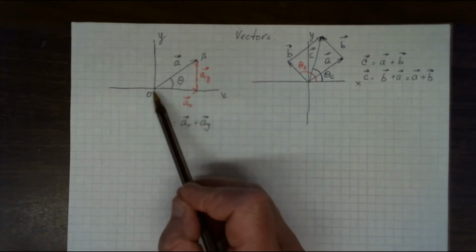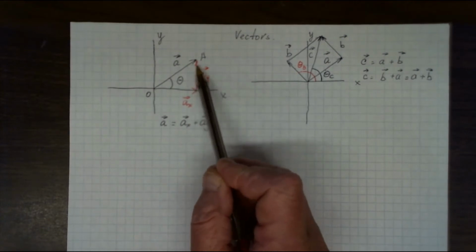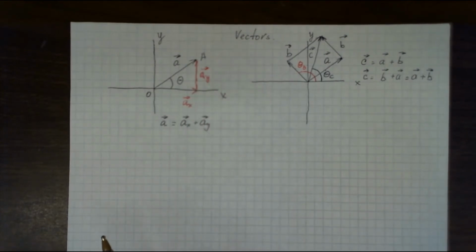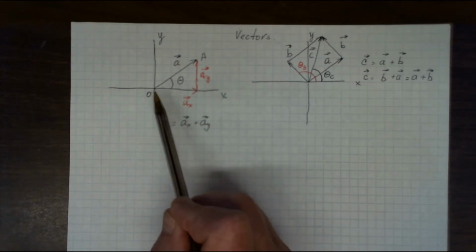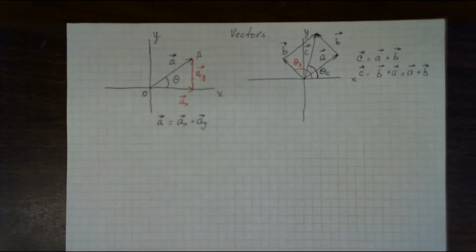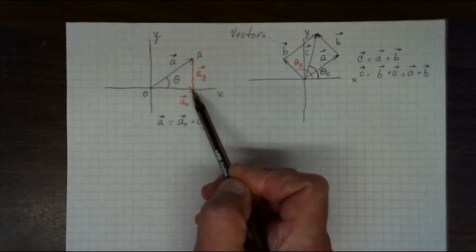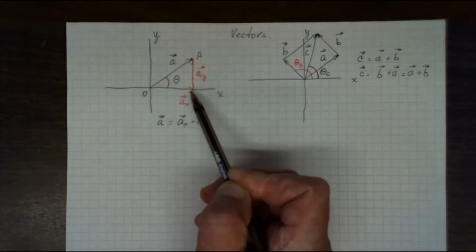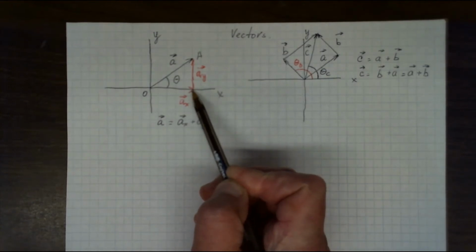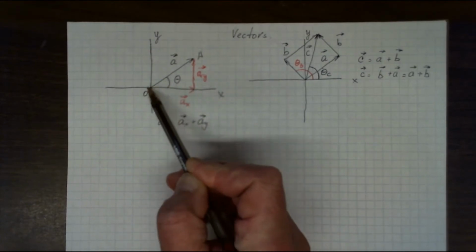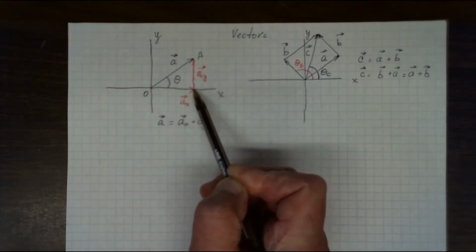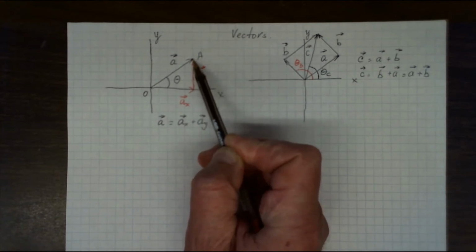Note, A of x and A of y are along principal axes, which means that the number of steps is the only parameter I need to know. Number of steps in x direction and number of steps in y direction.